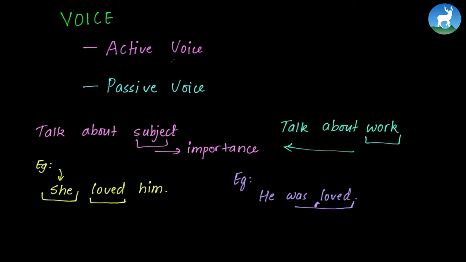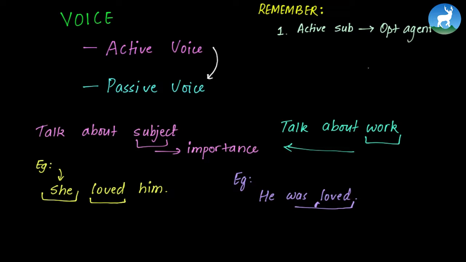Now while changing from one voice to another, we need to remember a few things. The first point to remember is the active subject is changed into passive object plus optional agent. Now we will see this rule in the example below. She loved him.